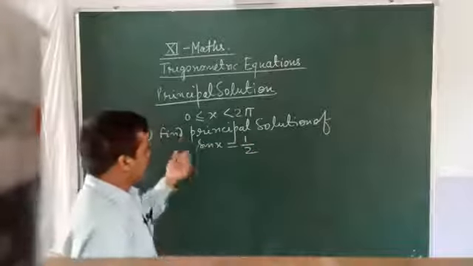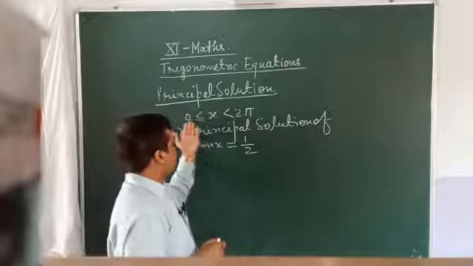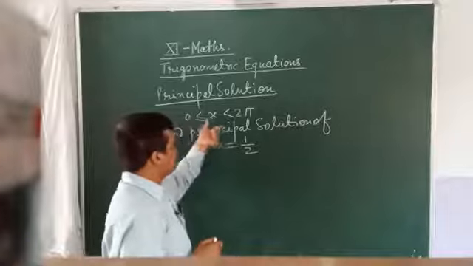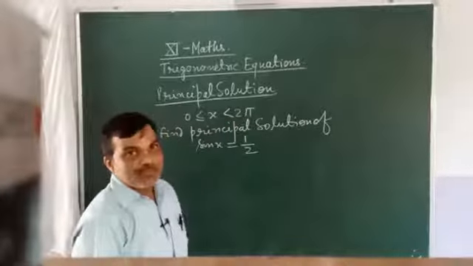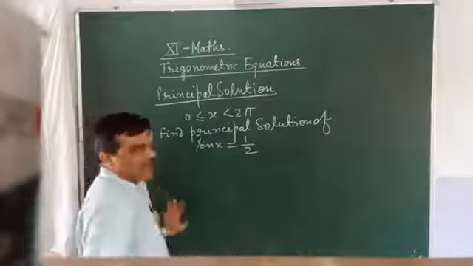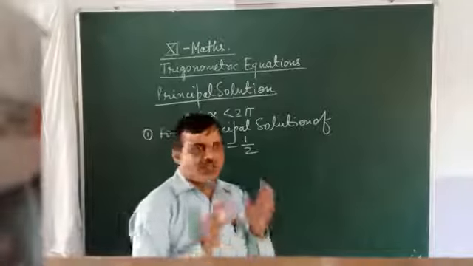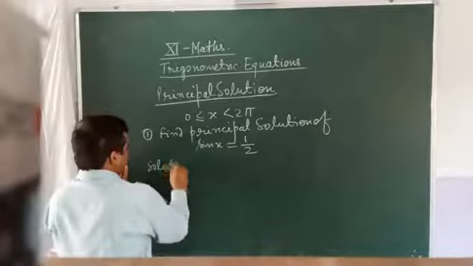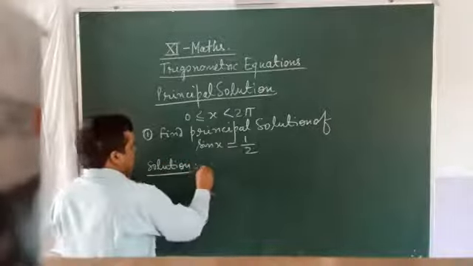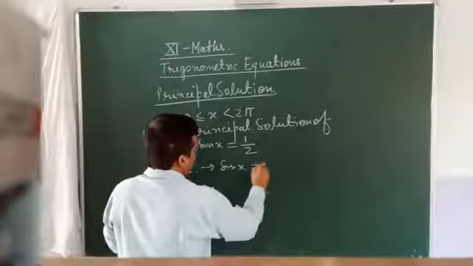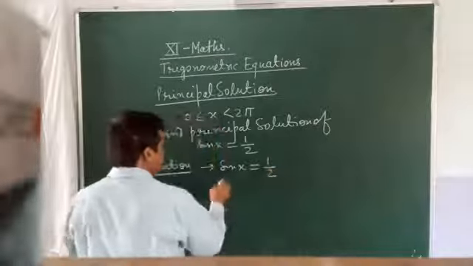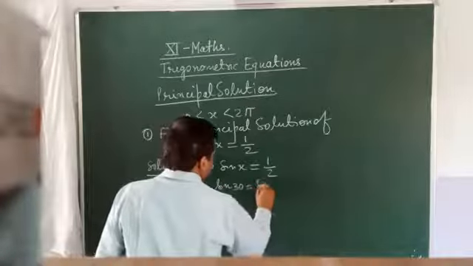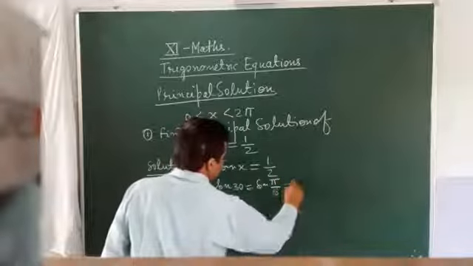So we know that principal solutions lie between 0 degree and 2 pi, that is 0 is less than or equal to x is less than 2 pi. Sin is positive in the first quadrant and second quadrant. Since sin x is equal to 1 by 2, we know that sin 30 degree, that is sin pi by 6, is equal to 1 by 2.